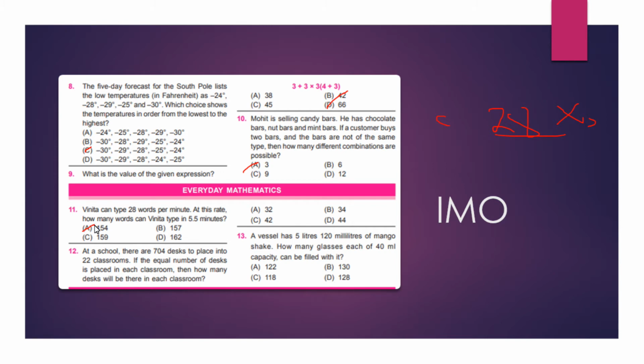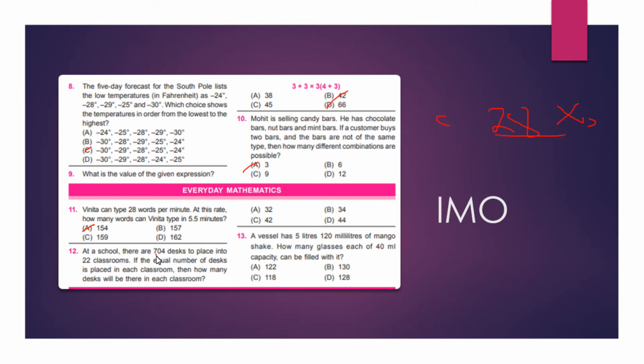Okay, let's continue. 12th question. At a school, there are 704 desks to place into 22 classrooms. If an equal number of desks is placed in each classroom, then how many desks will be there in each classroom? Just substitute the values. 704 are placed in 22 classrooms.